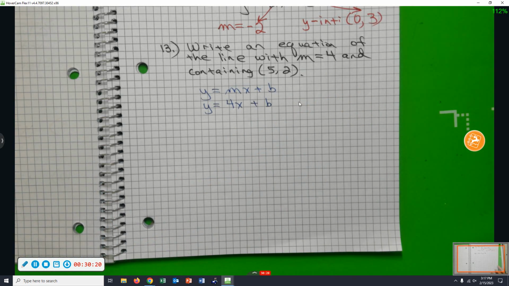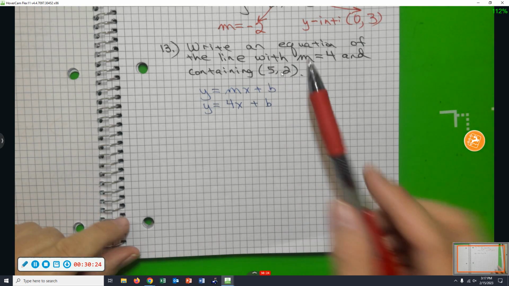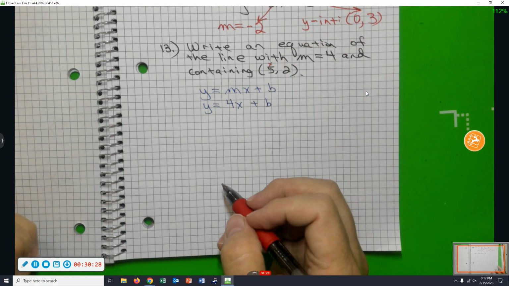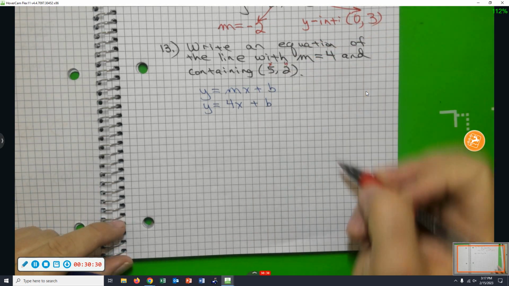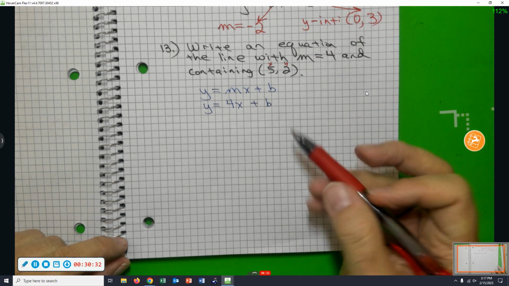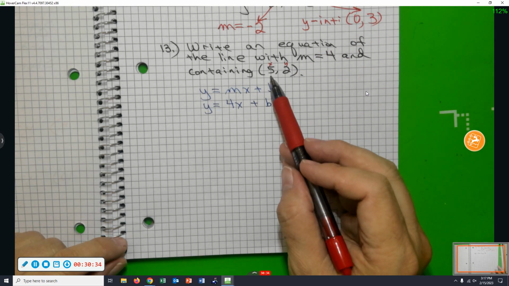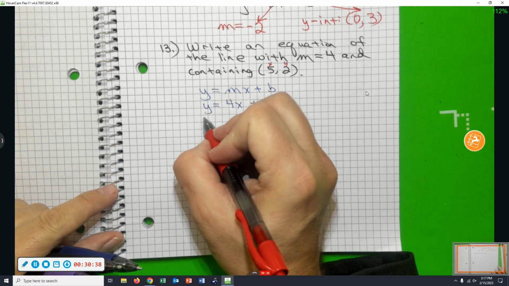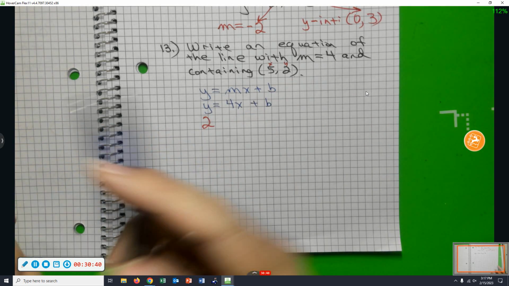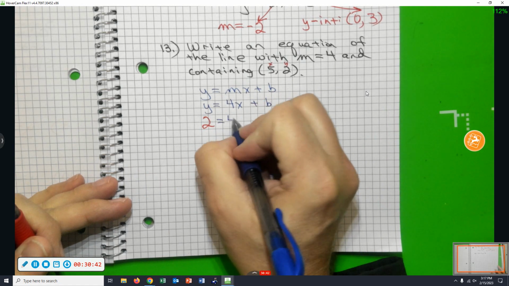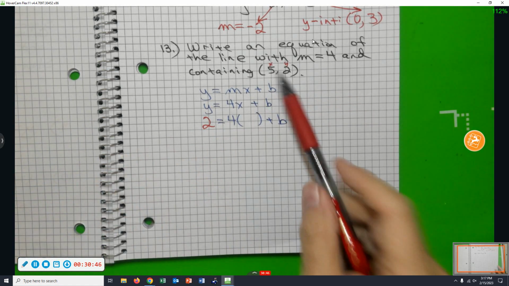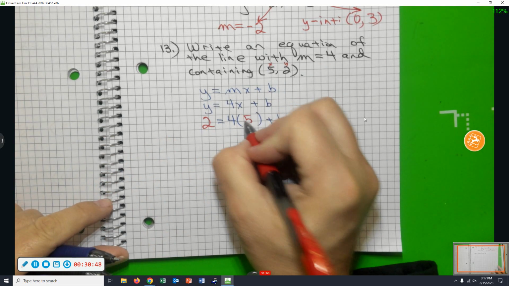No, they didn't, but they gave us an x and a y. This ordered pair here. We know that x can be 5 and y can be 2. They didn't tell us the b value, but they gave us an x, y value. Plug in 2 for y. Plug in 5 for x. We all following what I'm doing?